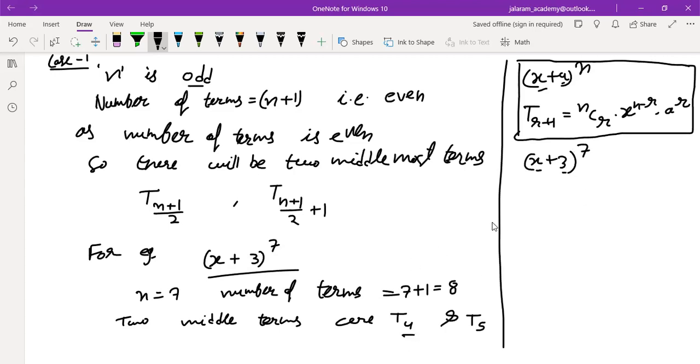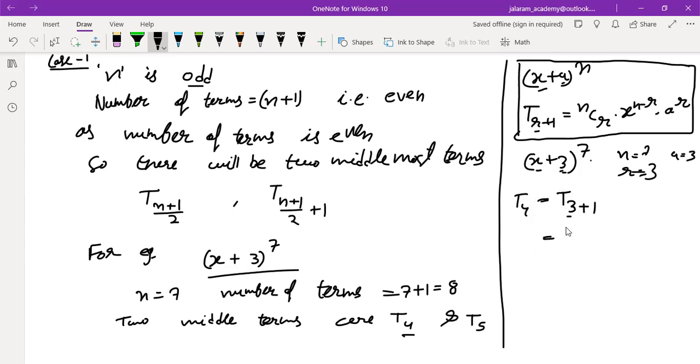So how will we find T4? T4 equals, this is the middlemost term, we will write T3 plus 1. Now n equals 7, r equals 3. When we have to find T4, we write it in the form of r plus 1, that is T(3+1). So n equals 7, r equals 3, and a equals 3.